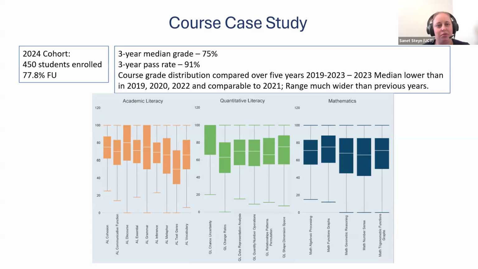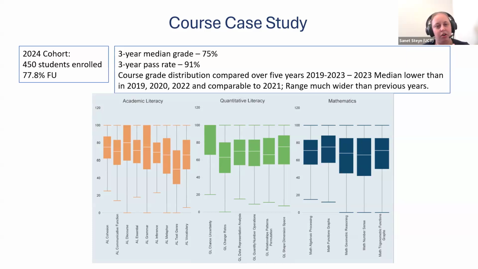So not the first time in the report you see this. You did see that in the course grade distribution as well. But just to draw your attention to the two main things we want to notice here. The first is where the medians are. Those little lines in the center indicate where half of the class is, right?